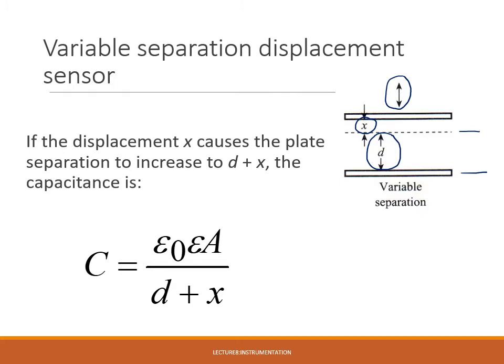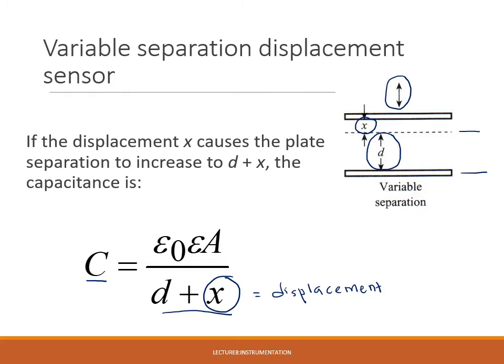Okay, so you can see here the capacitance value after x displacement is epsilon naught epsilon multiplied by A divided by d plus x. So the changing variable here is only the displacement. X is displacement. So different displacement of the moving plate will give you a different capacitance value.